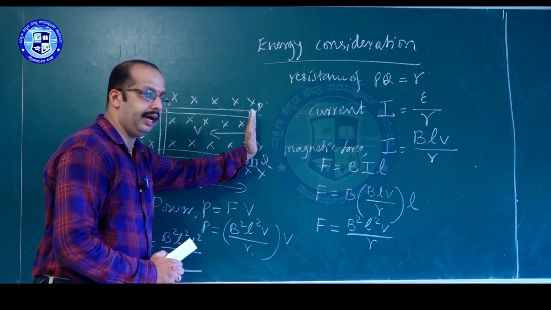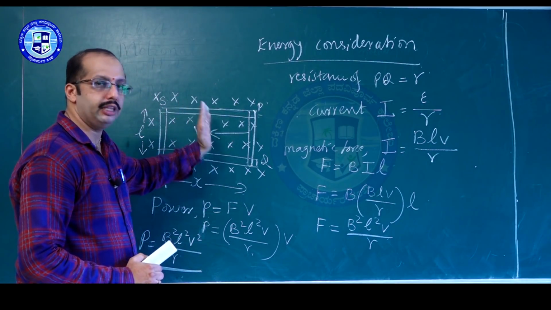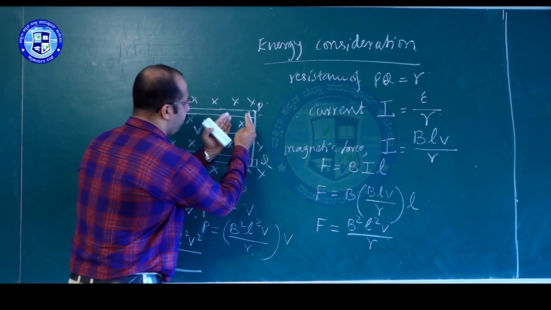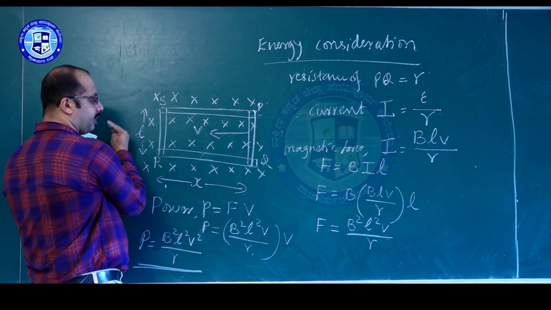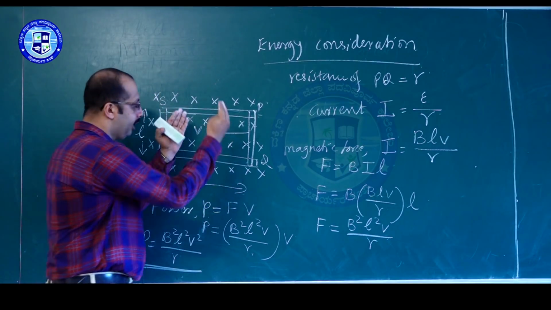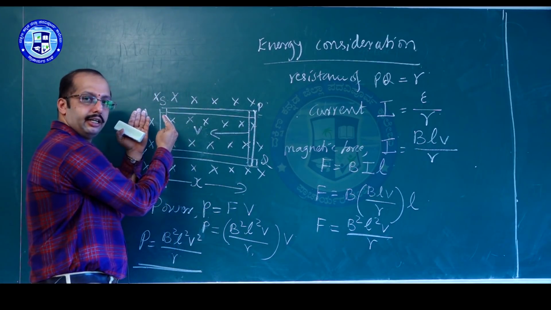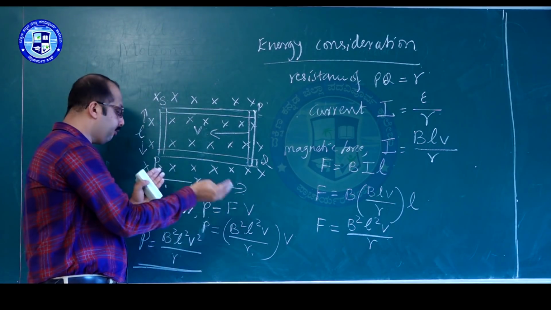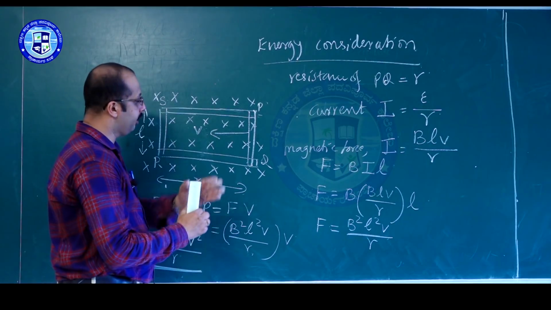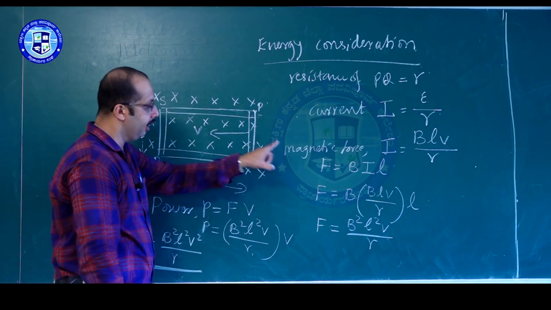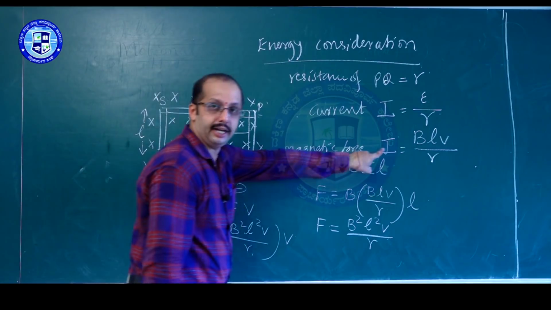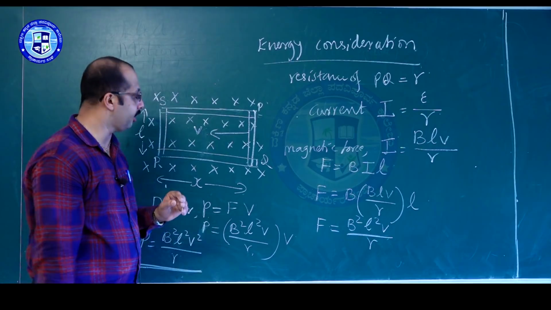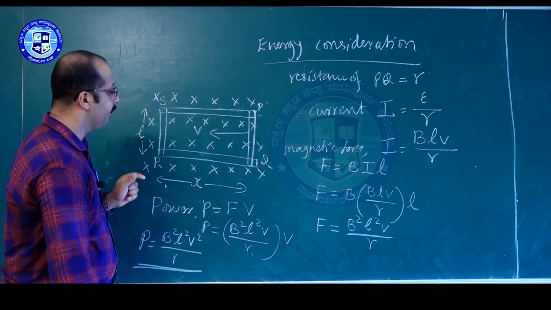Due to the mechanical energy with which the conductor PQ is moving towards the left in a uniform magnetic field, the mechanical energy is converted into electrical energy, that is, electric current induced in the conductor, the motional EMF. Current I is equal to BLV divided by R, considering the resistance R of the PQ conductor.